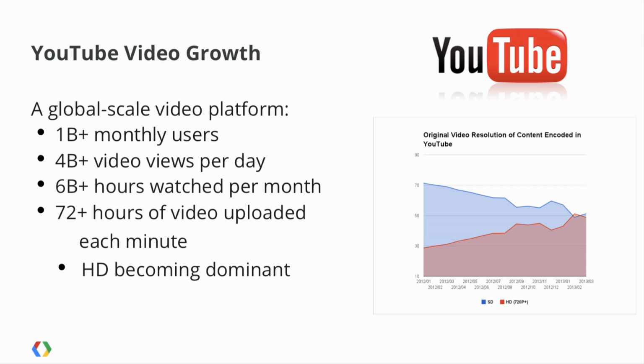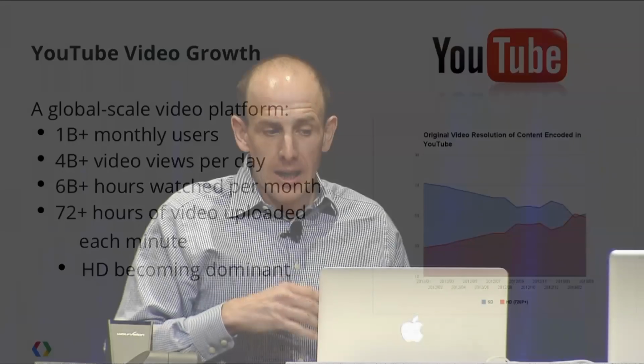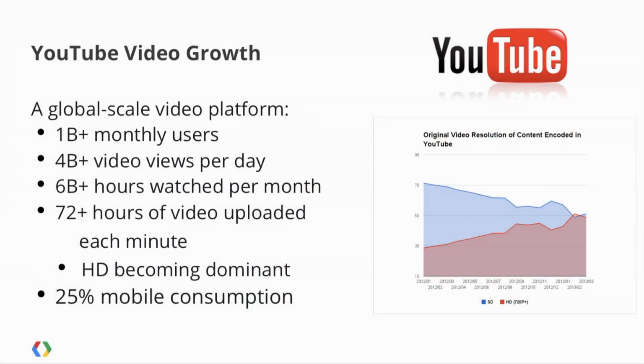There's more data for a given HD video than there is for a standard resolution video, unless of course you're encoding it in VP9. In addition, I think we can all agree that the better the video is, the higher the resolution, the more watchable it is. And then finally, the other trend that's driving both creation and consumption is the increase in mobile devices and the move towards 4G networks.